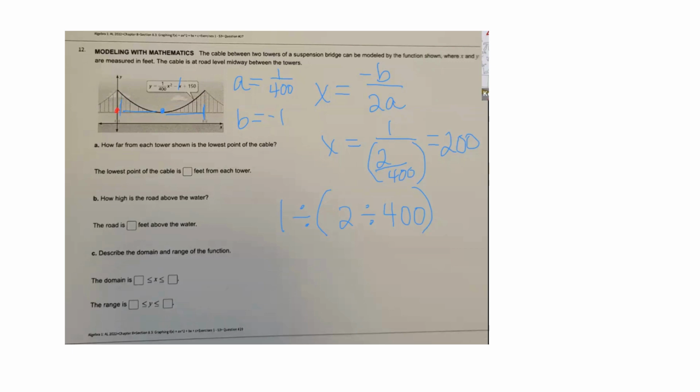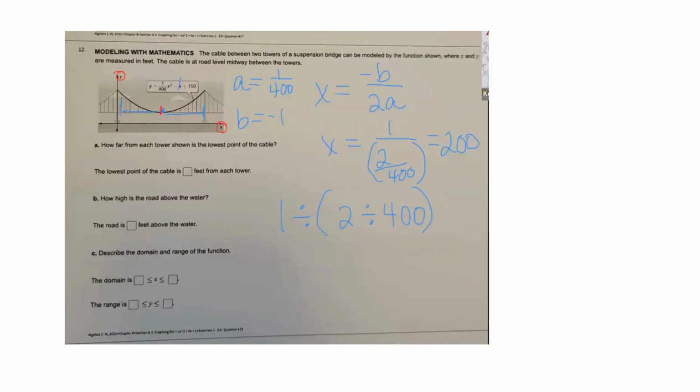Oh, I see now. There's the y-axis. I see the y and x-axis now. I didn't see them before. They're calling that the y-axis, and this the x-axis. So that's good. So if x is 200, then the lowest point of the cable is 200 feet from each tower.